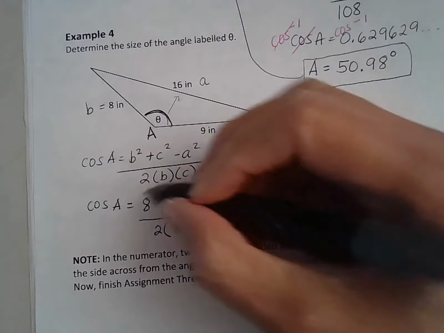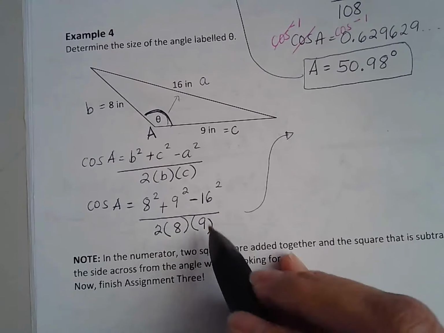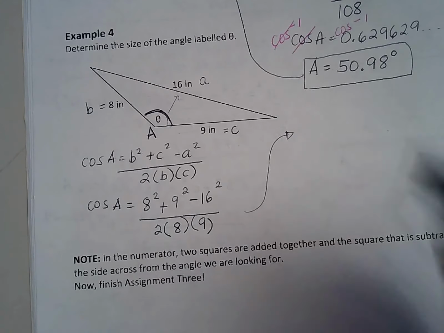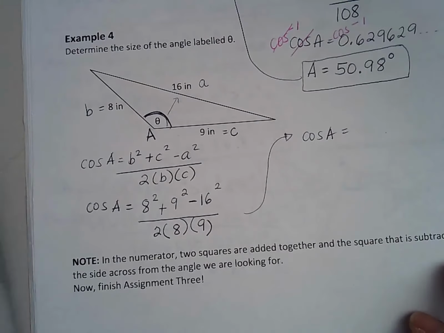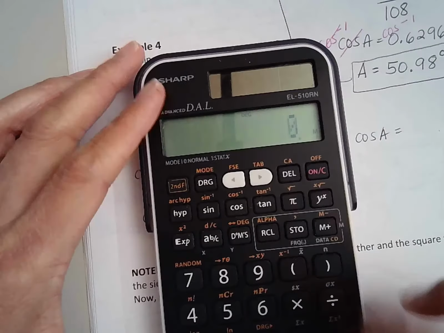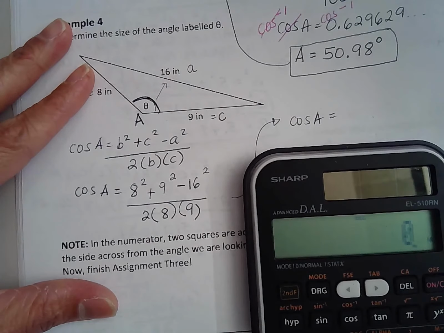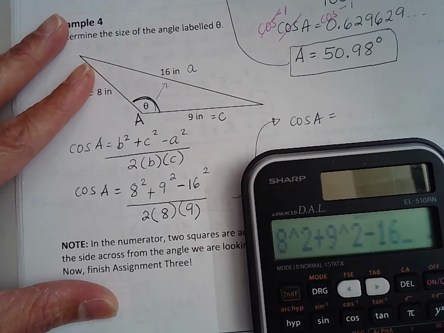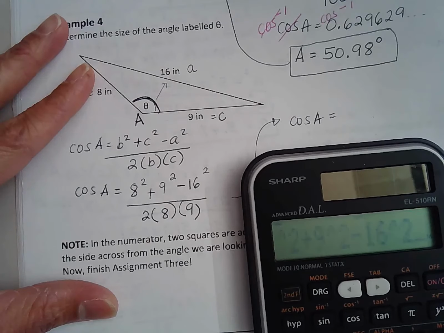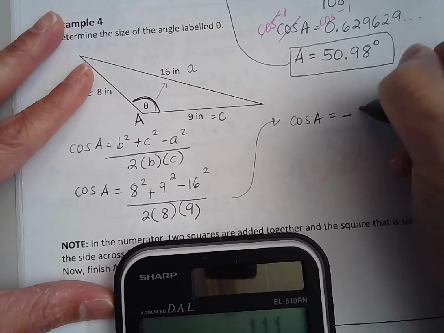We're going to figure out the top number, the numerator, and the bottom number, the denominator. So let's do that. Got a negative 111.